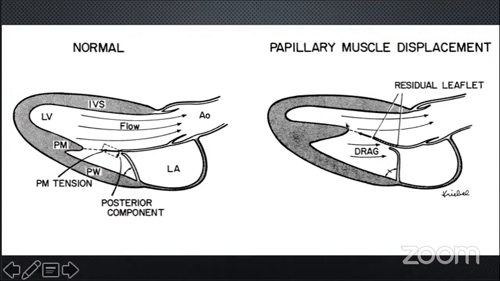Then with ejection during systole, this might cause a drag force that can even push the anterior mitral leaflet towards the interventricular septum, causing LVOT obstruction.